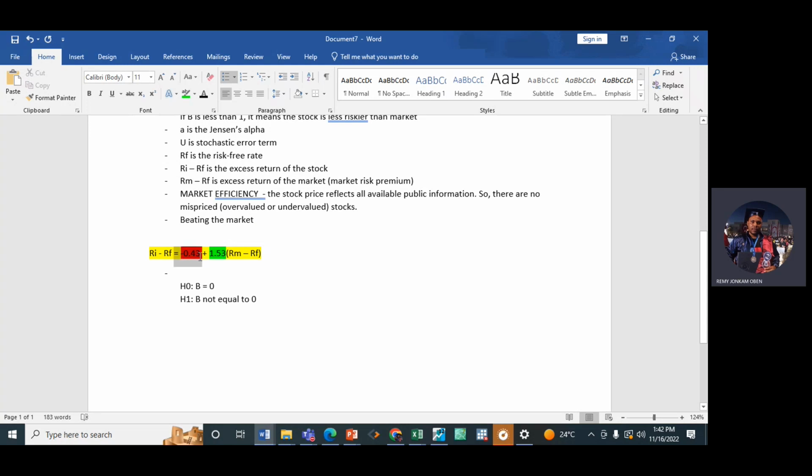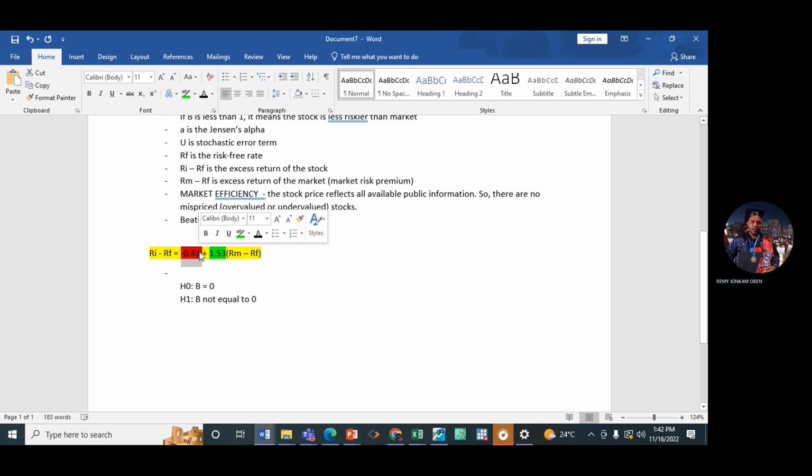Now, with this Jensen's alpha, we are testing the normal hypothesis we know: coefficient is equal to 0, coefficient is different from 0. We want this alpha to be insignificant, not statistically different from 0. Why?